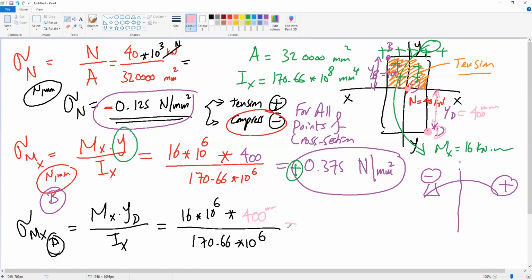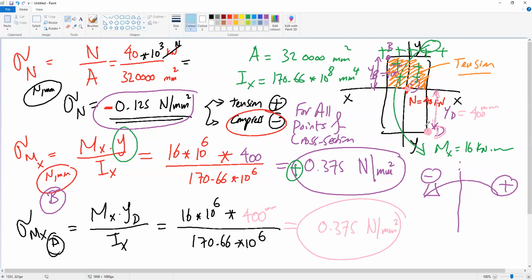Okay, so if we calculate this, it will be 0.375 Newton per millimeter square. But is this tension or compression?